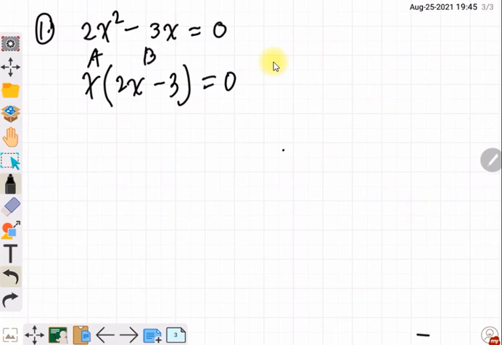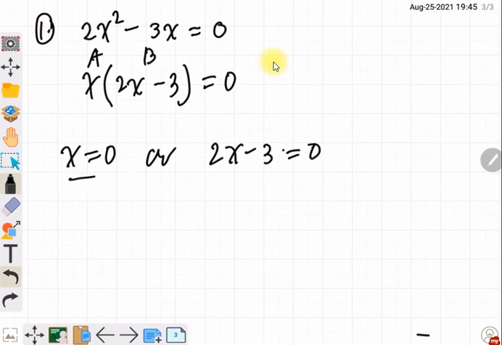So what does the zero product property say? It says that if the product is 0, one must be 0. So you can say that x must be 0, or the other one must be 0, which is the b, which is the 2x minus 3 equals 0. Here we have already one value for x. So that is our first solution of this equation.